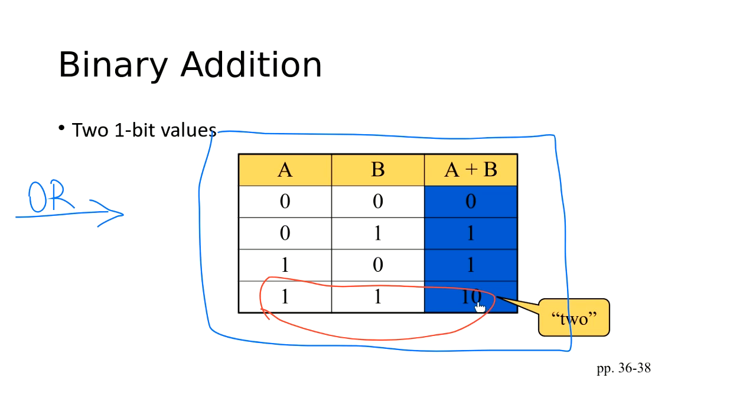But actually when you do it in binary, when you add 1 plus 1, what happens? Let me write it here, 1 and 1, and if you add it, remember we are not in decimal, we are in binary. In decimal 1 plus 1 is 2, but in binary 1 plus 1 will be 0, and then there will be a carry of 1.